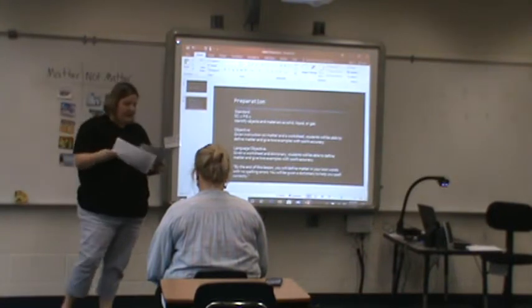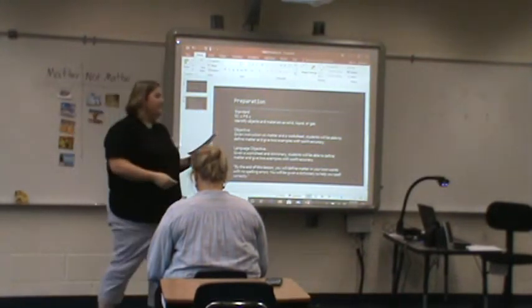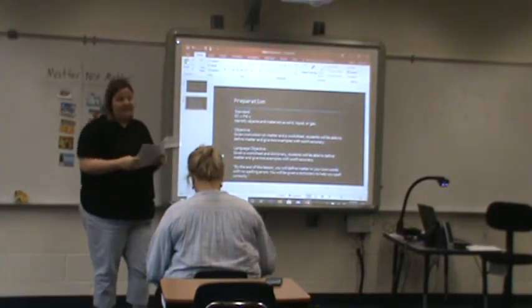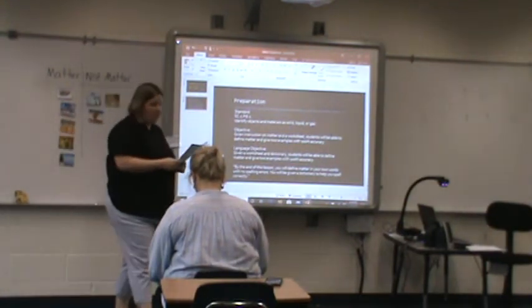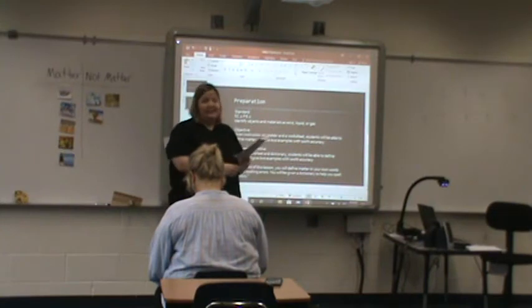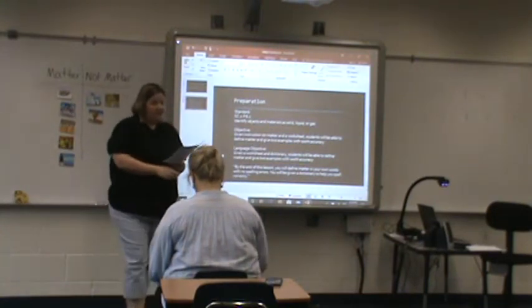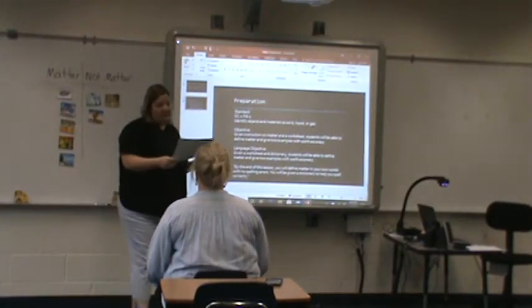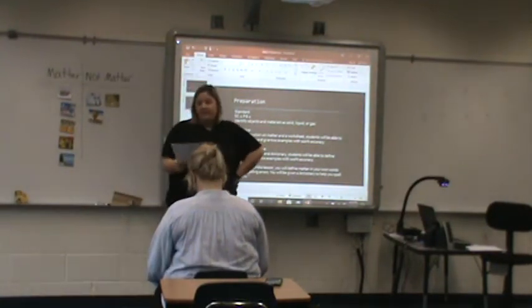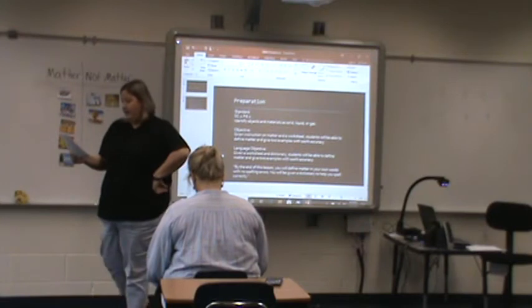All right, our next page. It says matter comes in 3 different states. Most matter that we see and use is solid. Solids hold their shape and do not flow. Solids only change if something else changes them.